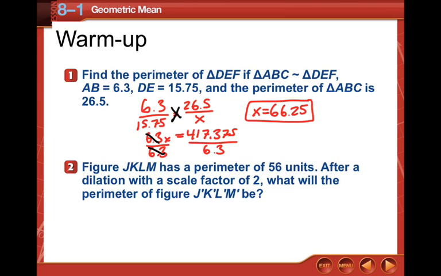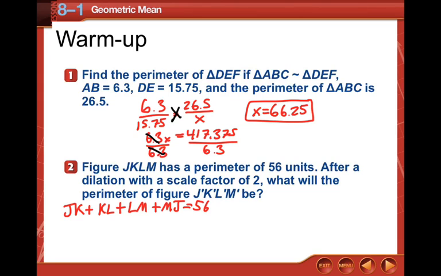So, our first step we should do is to list out what it means for the perimeter to be 56 units. First off, perimeter is just the sum of all the sides of a figure. So, all the sides for this figure would be JK plus KL plus LM plus MJ, added together equal to 56.